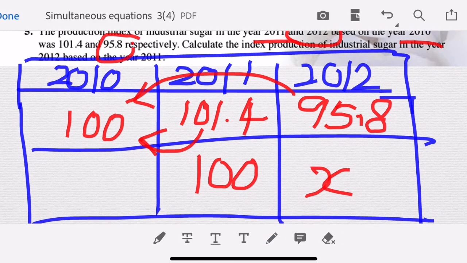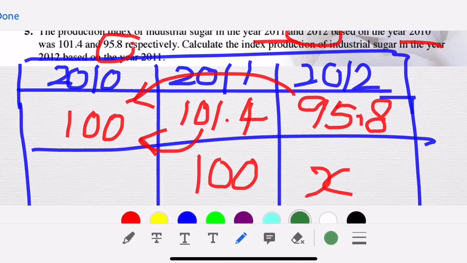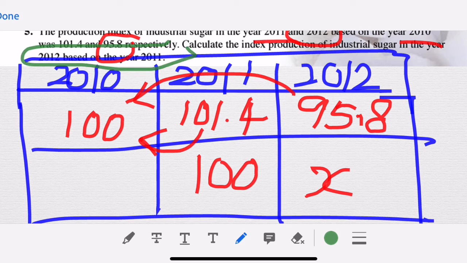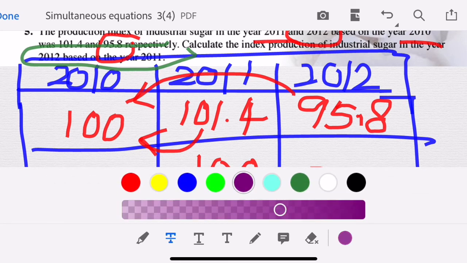Okay, clear? Alright, so I'm sure you understand. This is 2012 based on, let me highlight, based on 2011. So the 2011 I will have to label as 100 here. 2012 I'm not sure, so I need to find it. So then after that, what you need to do is very interesting.